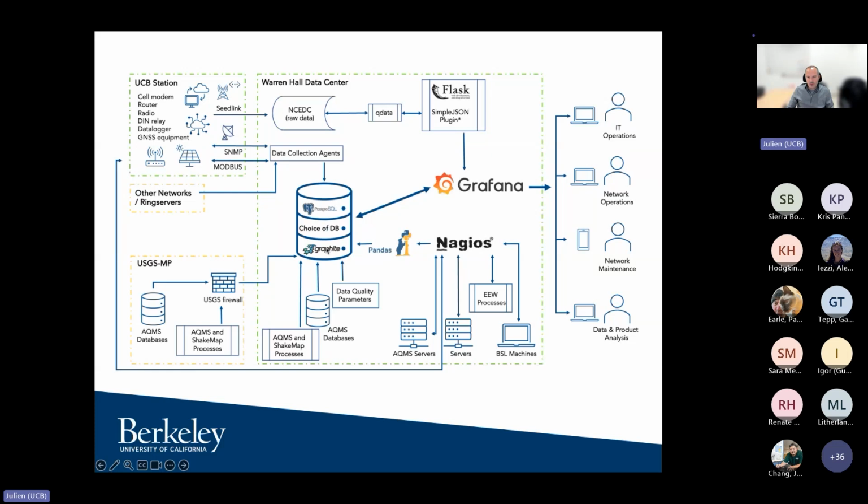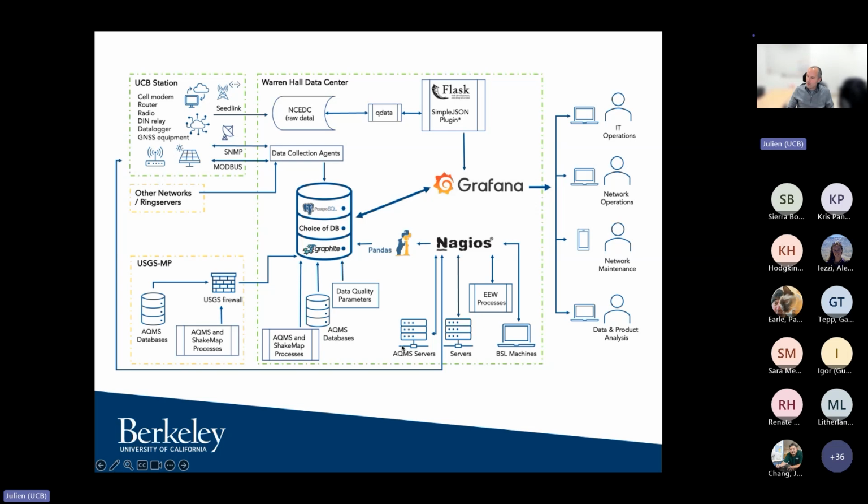Again, we are mainly using two types of databases, Postgres and Graphite. For example, at the station level, we developed new data collection agents for our power system and communication system, and we are putting that information in those databases. Same with our AQMS, both the real-time and post-processing earthquake monitoring systems, putting the information from those systems into those databases, as well as data quality.